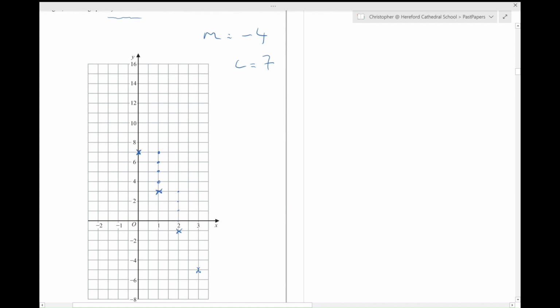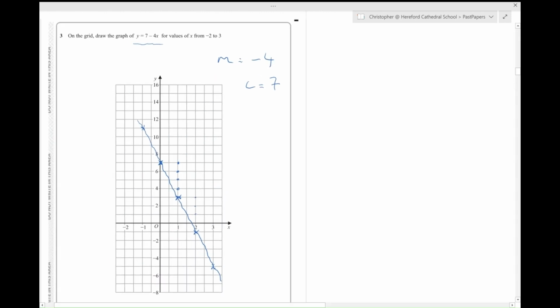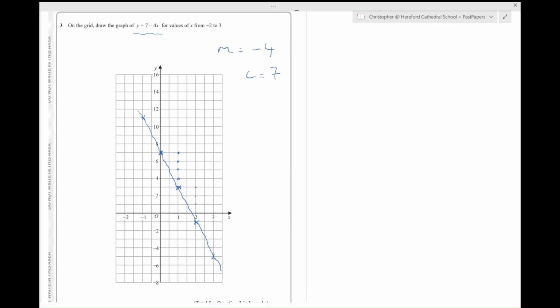Now, of course, you are going to use a ruler and a pencil, and I am not. So you're going to join these points up with a straight line using a ruler and a pencil. And that is the graph of y equals 7 minus 4x.